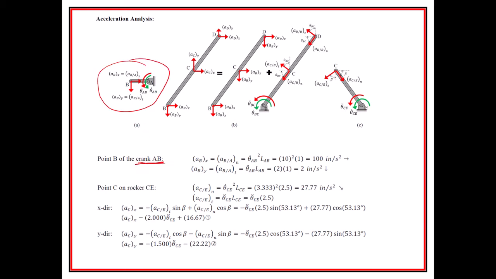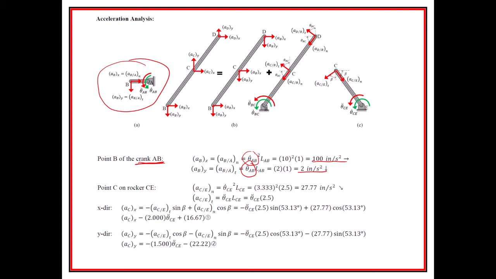We start off with the crank linkage, and because we were given the angular velocity and the angular acceleration, and it's convenient that these are aligned with the x and the y, the x is the normal and the y is the tangential.